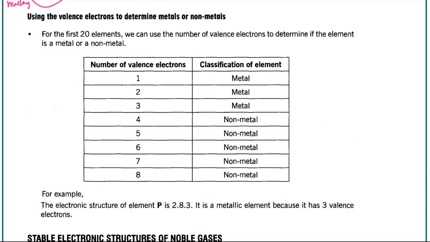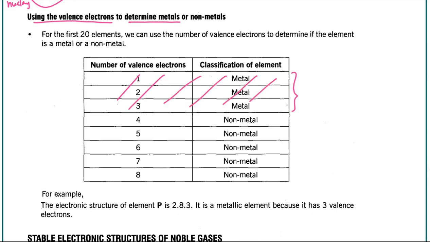The first thing is that we can use valence electrons to determine whether something is a metal or a non-metal. If the valency is from 1 up to 3, these fall under the category of metals, and the reason is that they will give away electrons. Starting from 4 up to 8, we have non-metals.